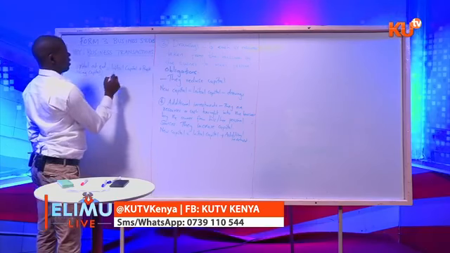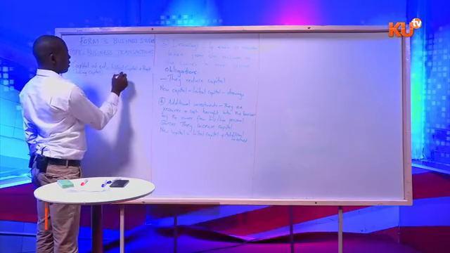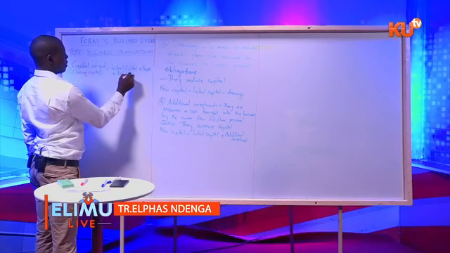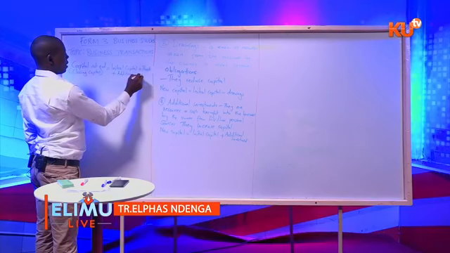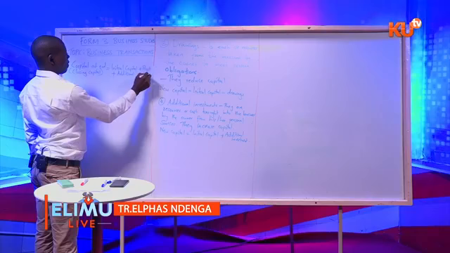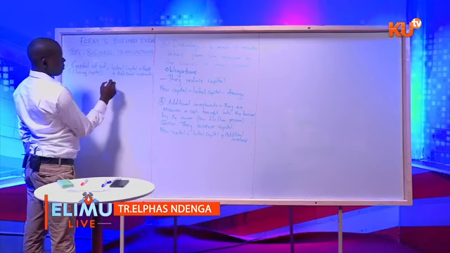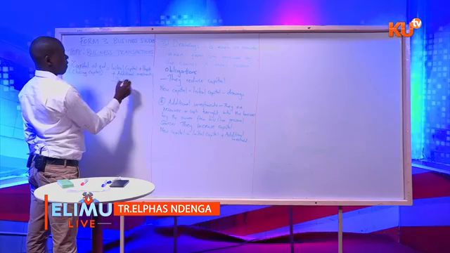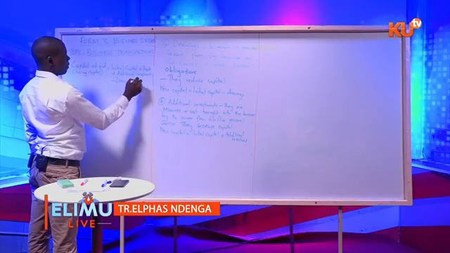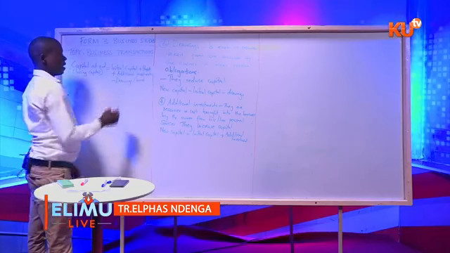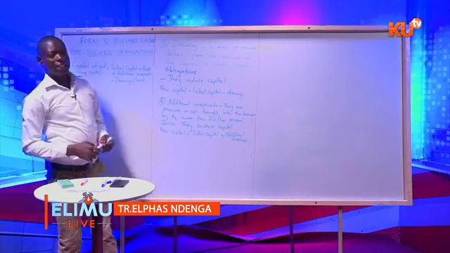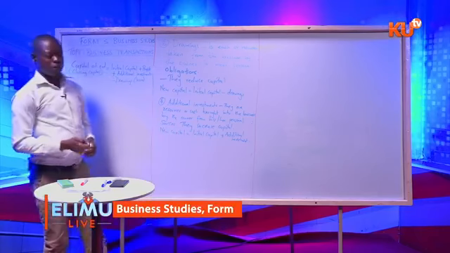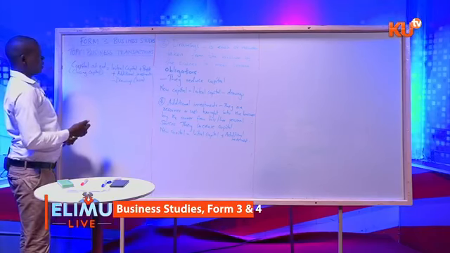We add additional investments, and subtract drawings if there are drawings, or losses, if there are losses. That is the formula for attaining the closing capital, or the capital at the end of the trading period.